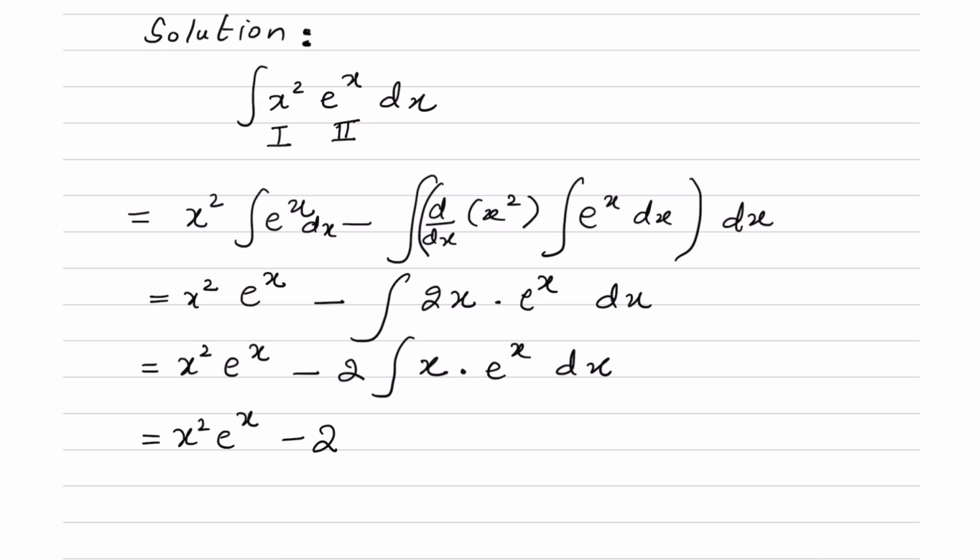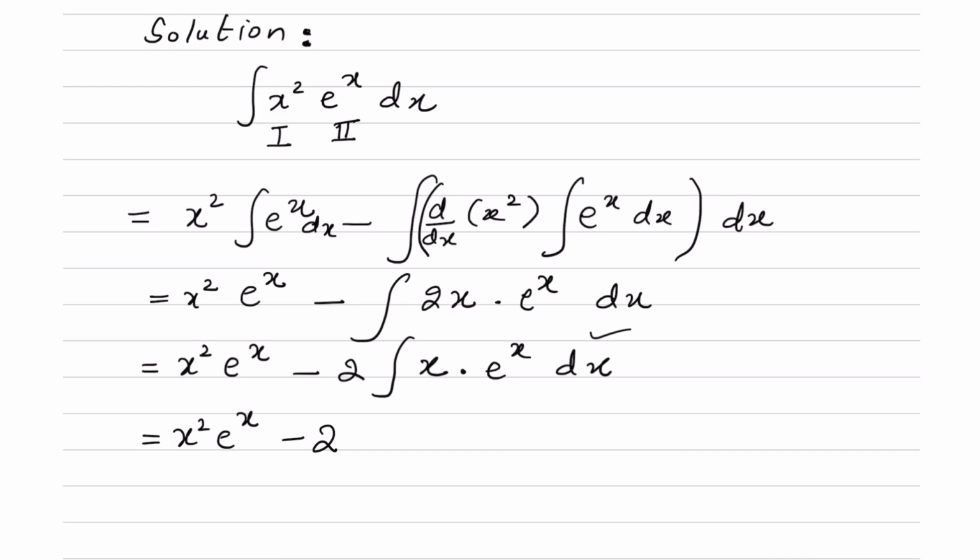Now please see this. X square e power x will come as it is. But to solve this integral, we can see that again we have x being multiplied with e power x. So we will apply integration by parts again, but you have to pay attention here that whatever function we called the second function, if it appears again in this integral, we are going to call it the second function again.